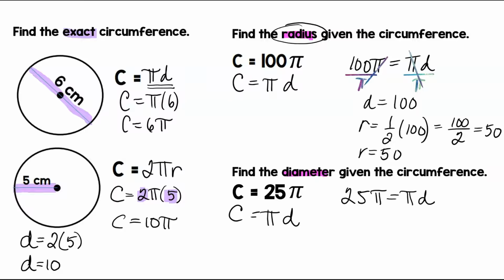We're going to divide by pi again to get d alone, which means we get d equals 25 right away. And that's what the question was asking for. So we are done. Now, make sure you have answered all the questions along the way. And when you're done, go ahead and do the delta math with all the circumference questions.